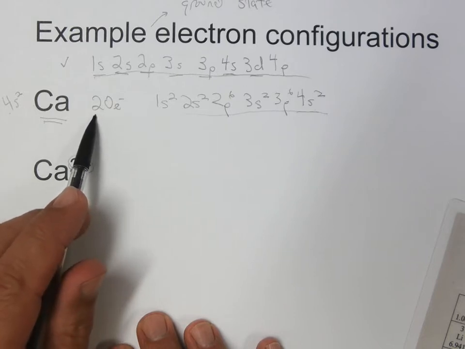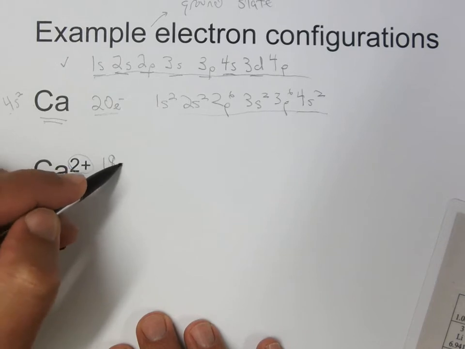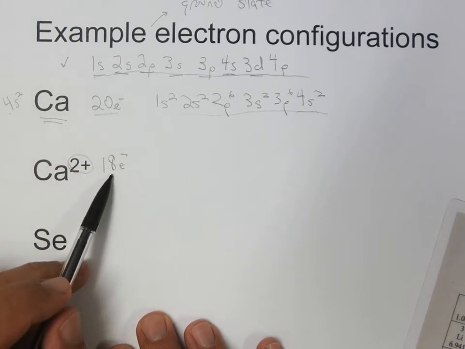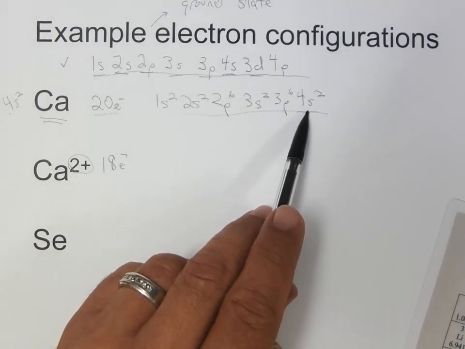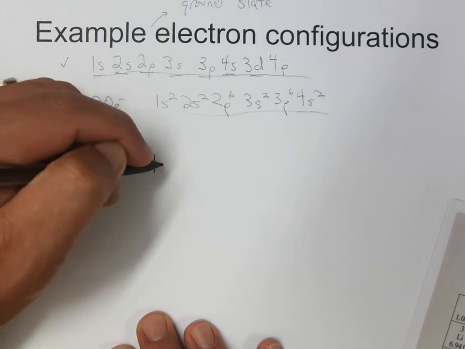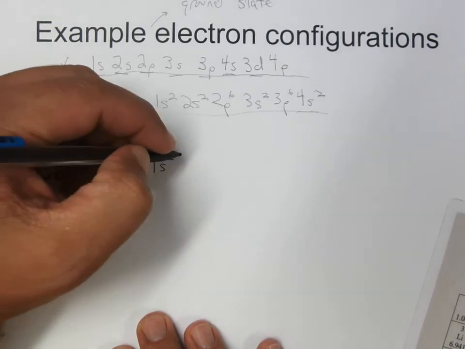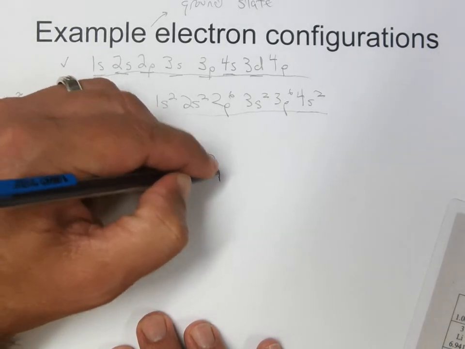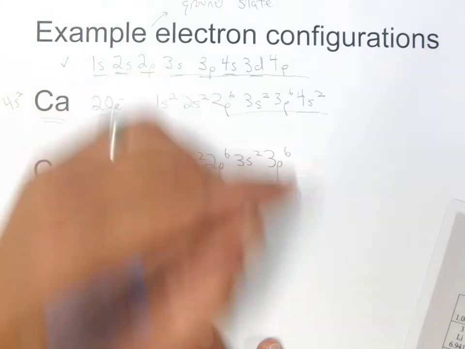If a neutral calcium has 20 electrons, calcium 2 plus is going to have 18 electrons, and the electrons it generally loses would be the outermost electrons, furthest away from the nucleus and easiest to remove. So if nothing funny happens, you just take the 2 outer electrons from calcium to make calcium 2 plus, 18 electrons: 1s2, 2s2, 2p6, 3s2, 3p6.